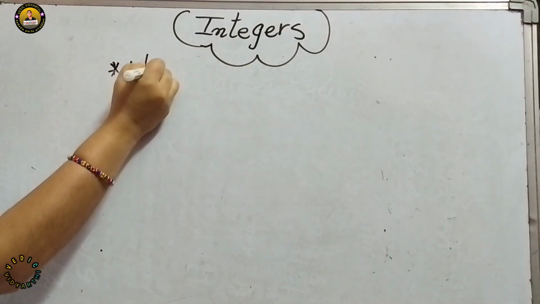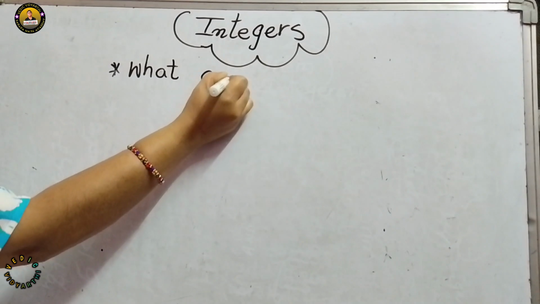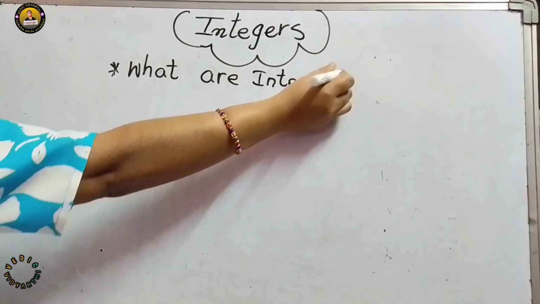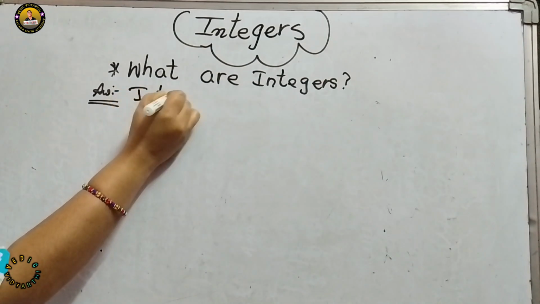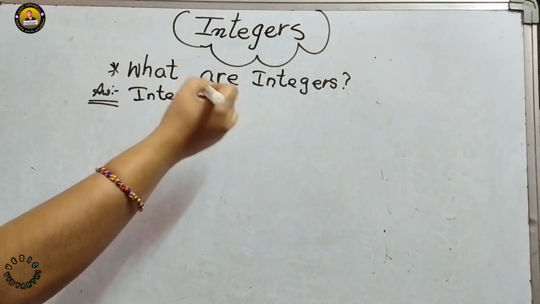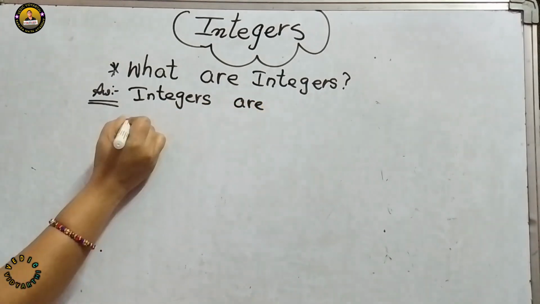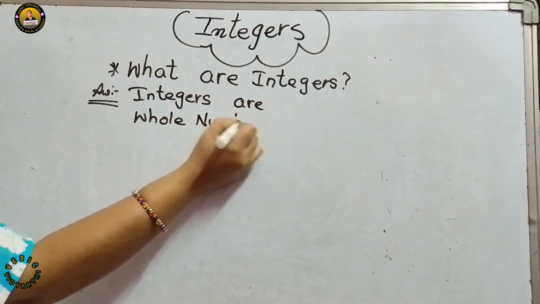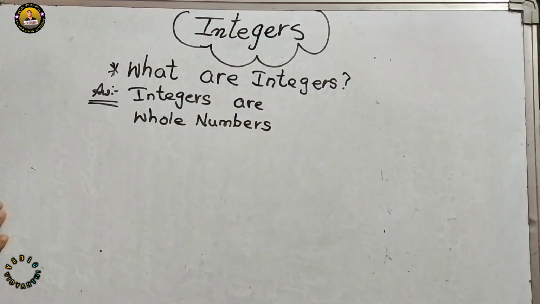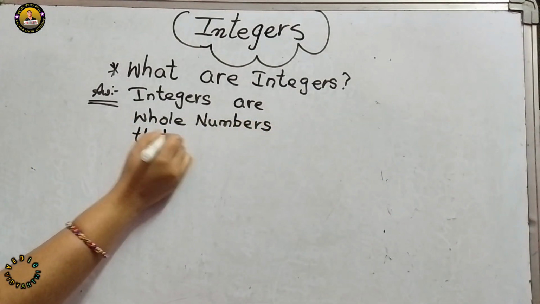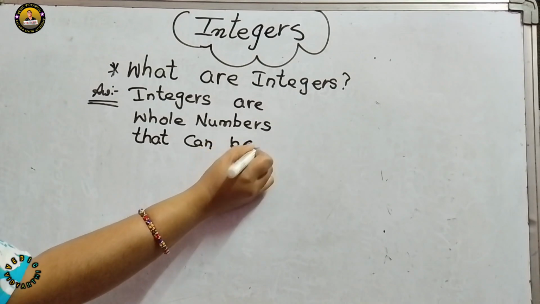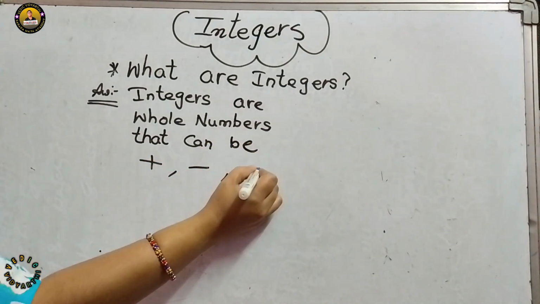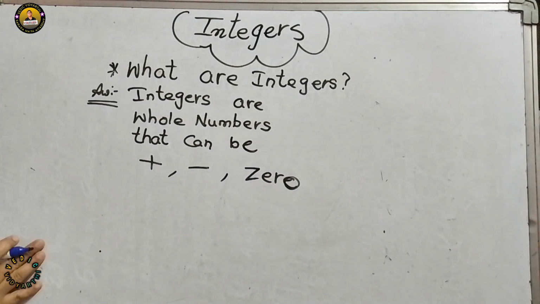Let's know what are integers. Integers deal with whole numbers that can be positive, negative, and also zero.